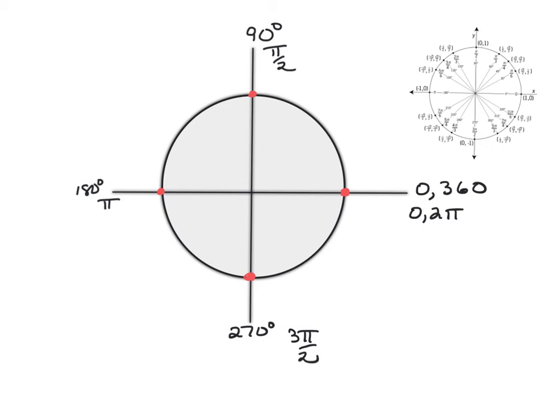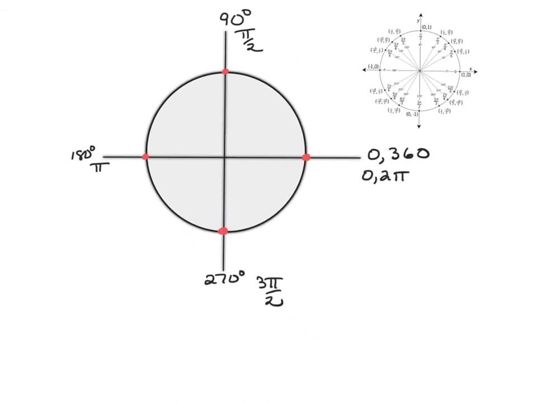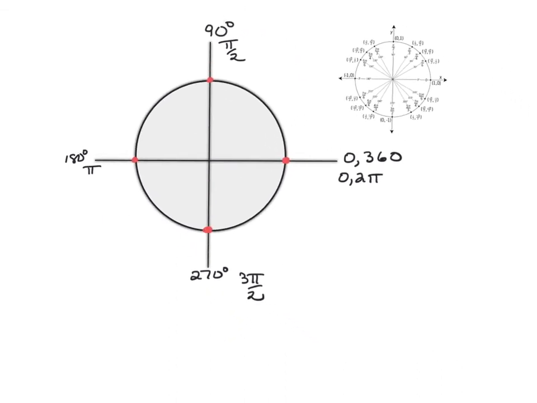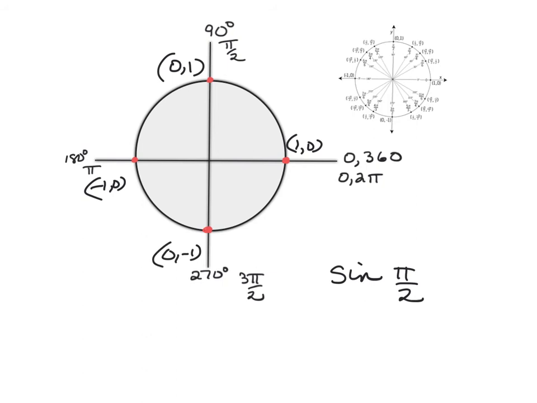Now, in the homework tonight, they're going to say instead of finding sine of 90, they'll say find sine of pi over 2. Now, remember when we did this, we used these 4 points. We used the ordered pairs 1, 0, 0, 1, negative 1, 0, and 0, negative 1.